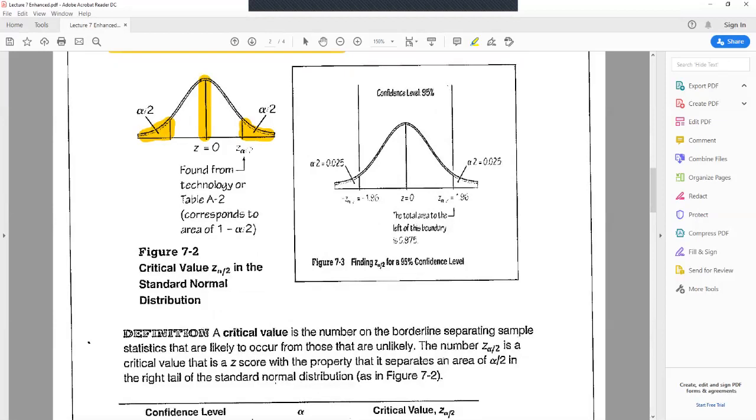Again, in this case, we had a 95% confidence level, which means that the area in this region here is 0.95, which means that our tails would have to total 5%, but if I split those evenly, each tail is 2.5%, or 0.025.